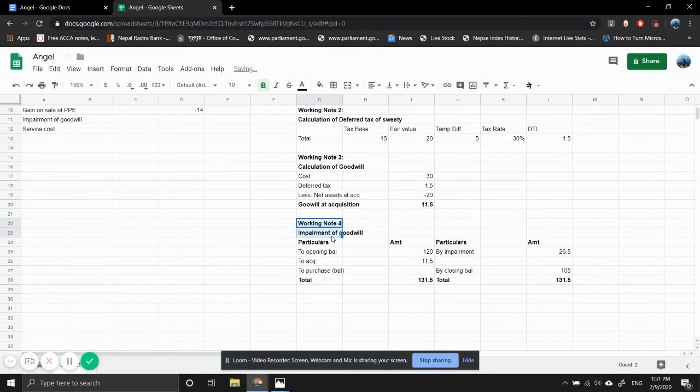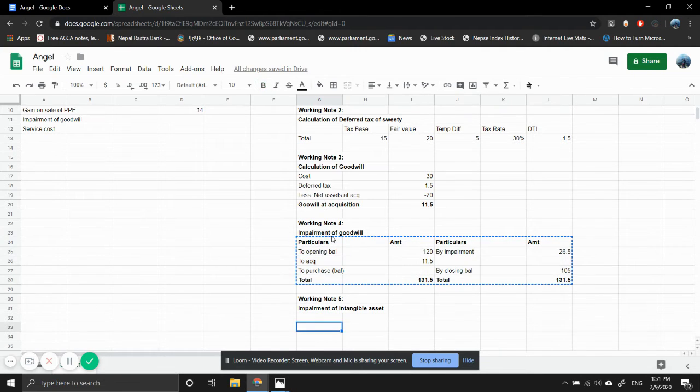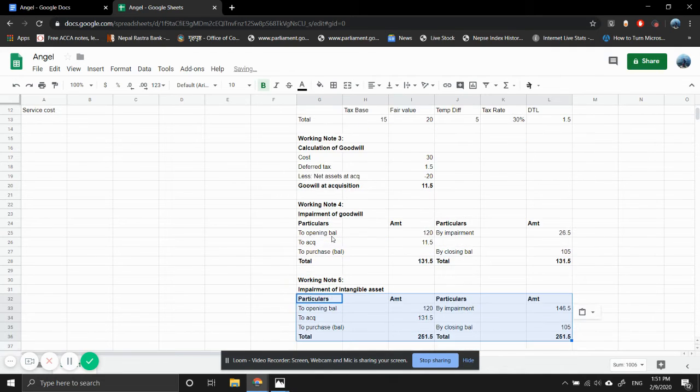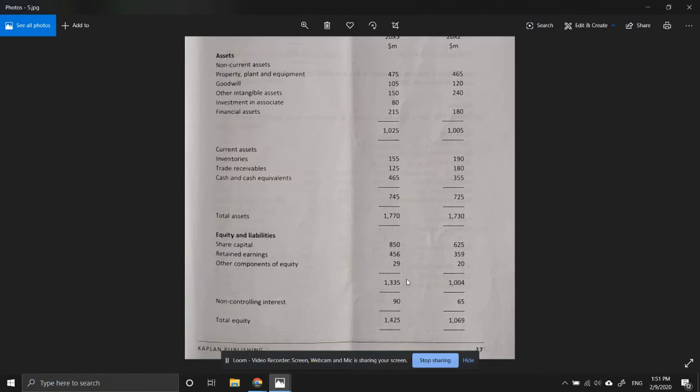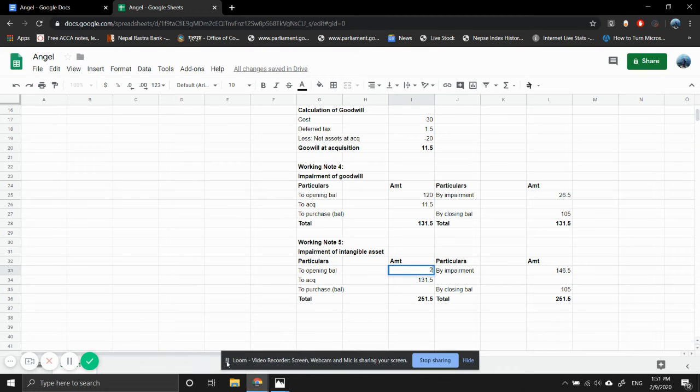So what about impairment of intangible asset? Let's not forget that as well. There is intangible asset as well. What's our opening balance over there? Our opening figure for other intangible assets is 240 and then 150, so it has gone down by that much.